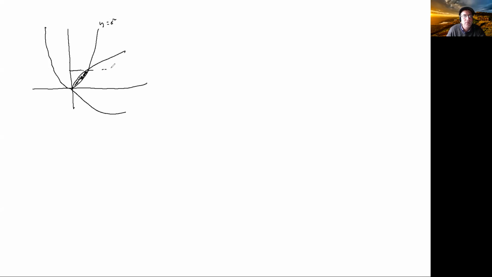Here's that line. So let me blow up the picture over here. I'll put a dotted line y equals 1, and here's the y-axis coming in, and I'm just redrawing the picture bigger.